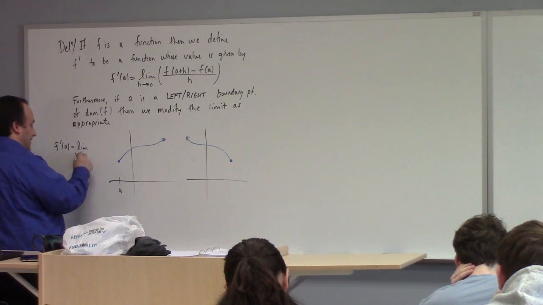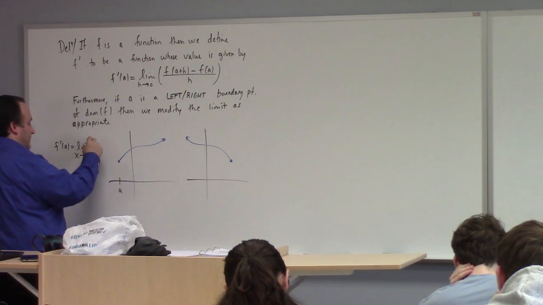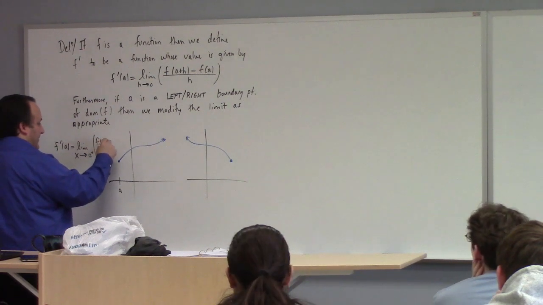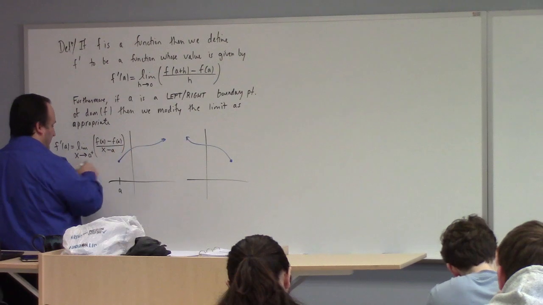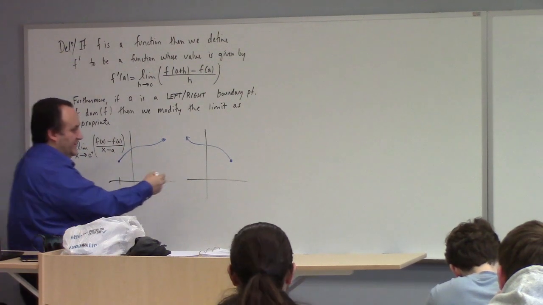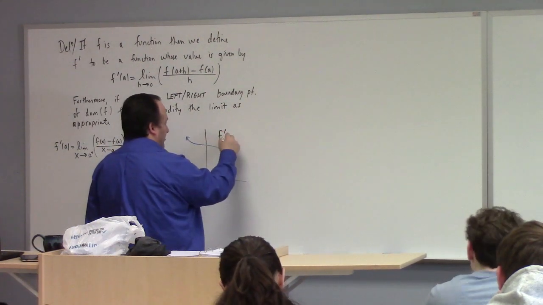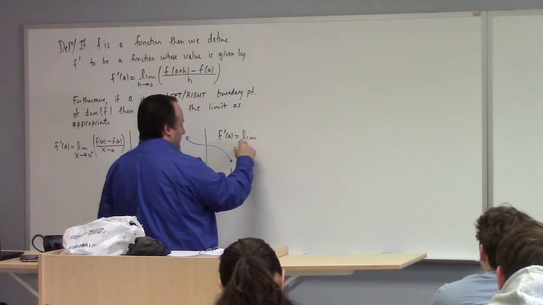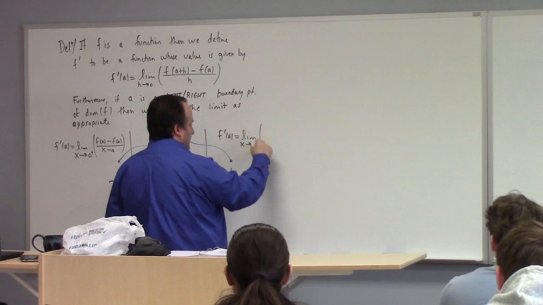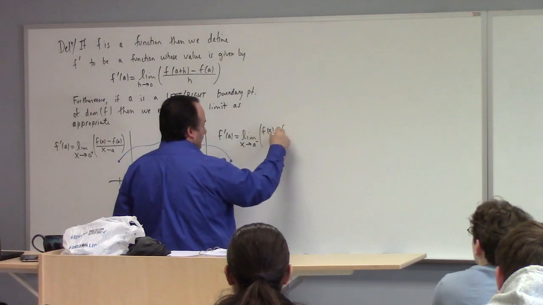So let's say x goes to a from the right of f of x minus f of a over x minus a, right, for that one. Whereas for this one, I would define f prime of a at this boundary point to be the limit as x goes to a from the left of the difference quotient.